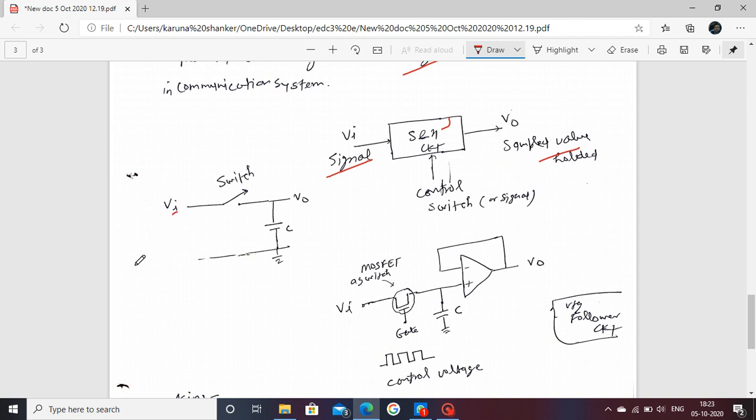This circuit is equivalent to this one. We apply an input voltage, suppose a sine function. The switch is closed or open depending on the control of the switch.